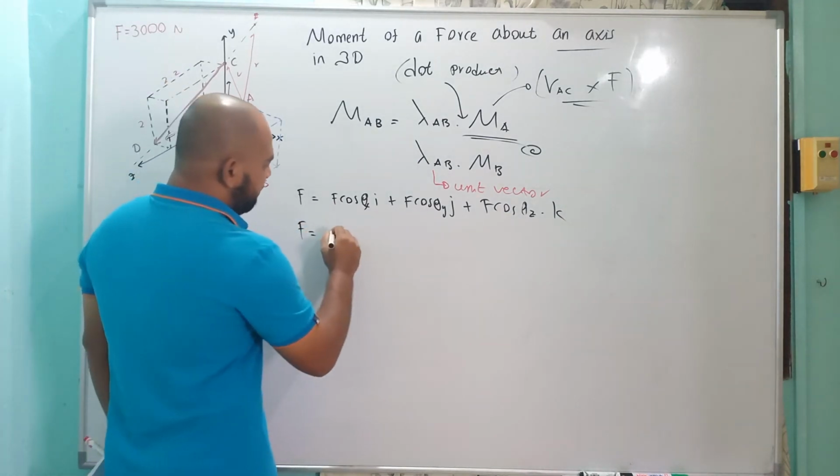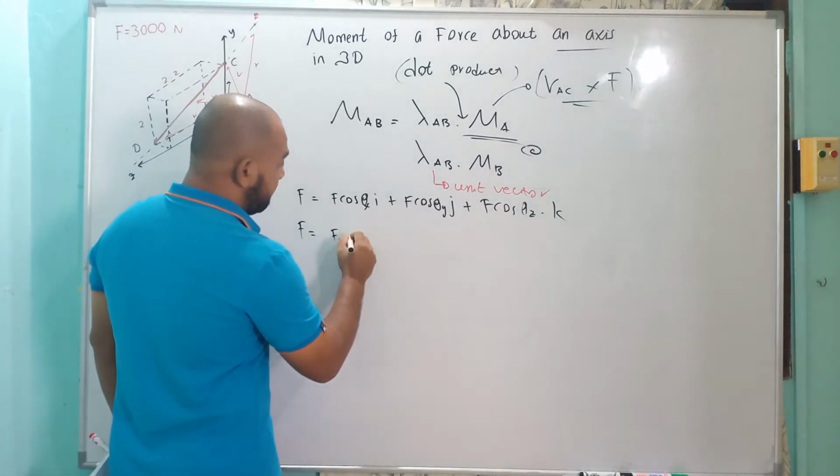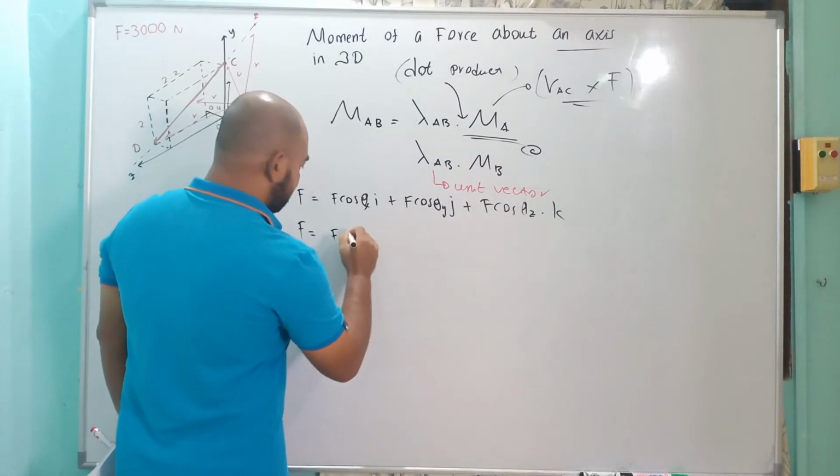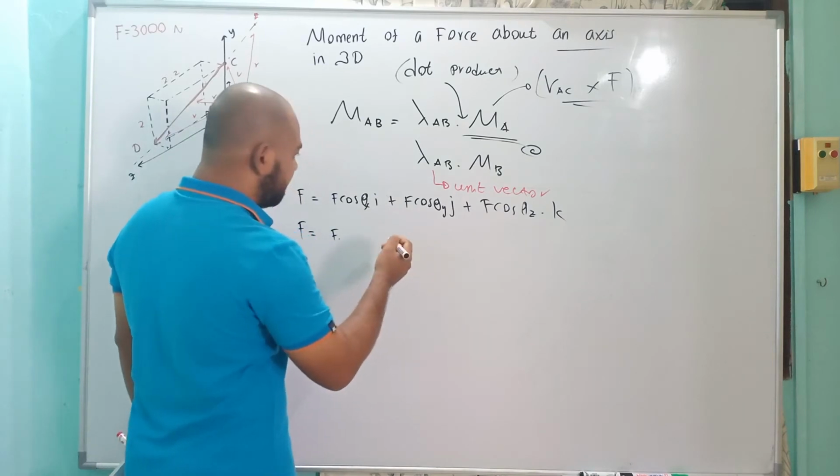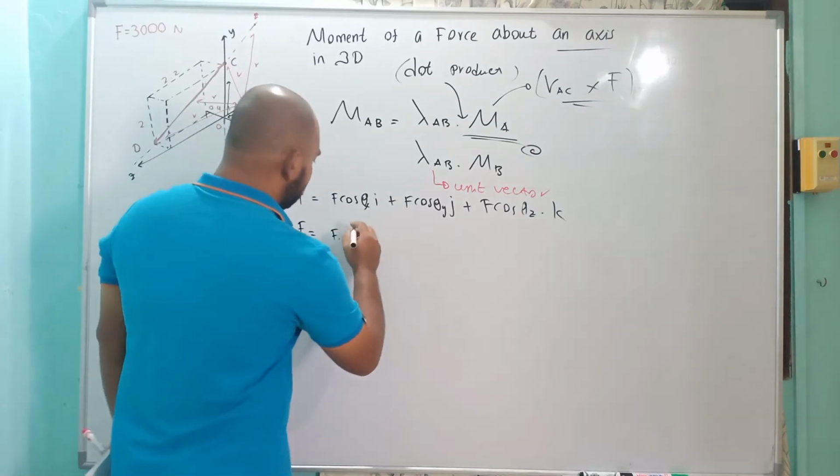Okay, and then we go to the second angle method. F equal to, let's say we have F cos and sine. It depends on the figure, so I'm just writing the possibilities.